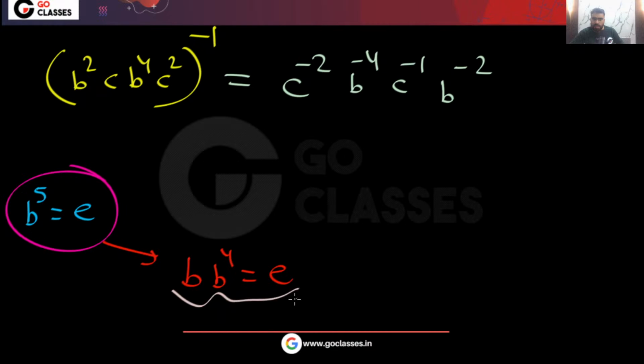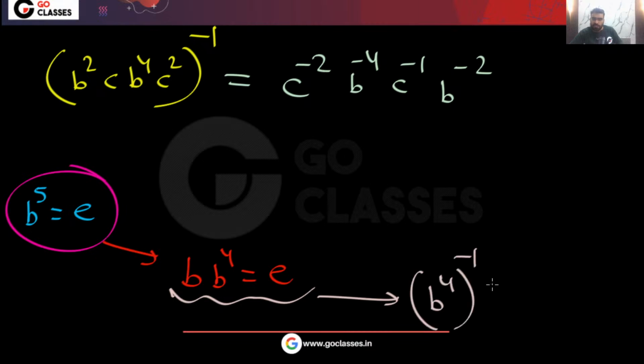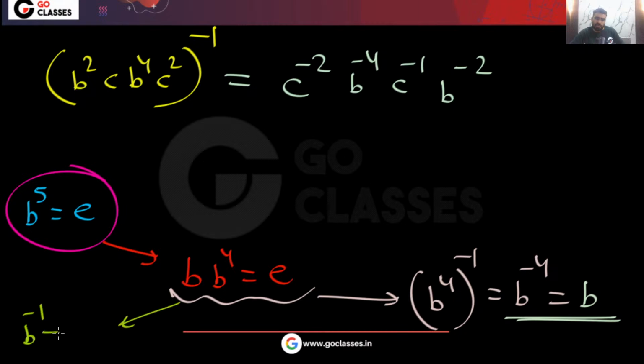The inverse of b power 4 will be b, and the inverse of b will be b power 4. So b power 4 inverse will be b. This value is going to be b.